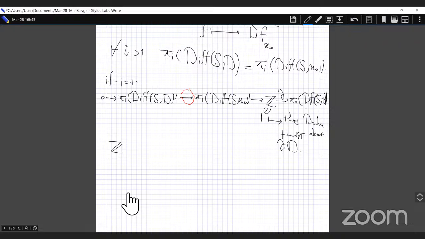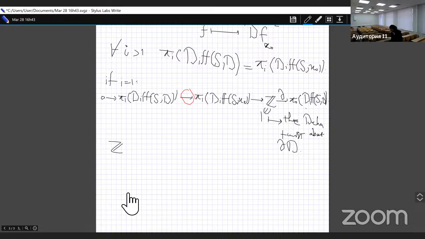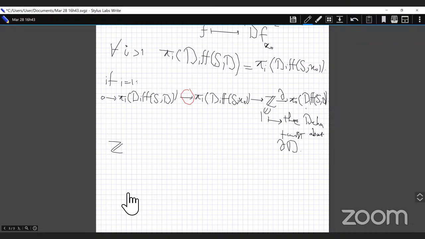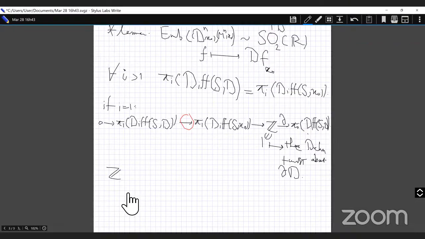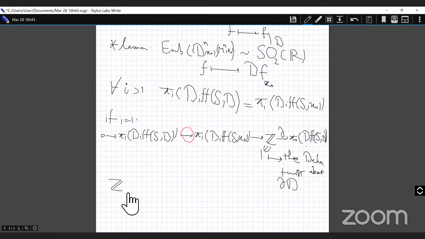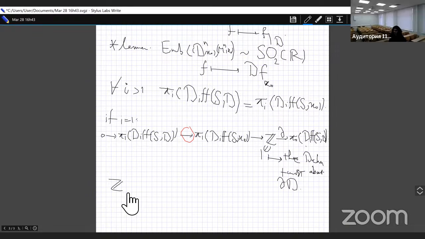No, but in the statement of the lemma, also, our diffeomorphism groups, are they just diffeomorphism groups or oriented diffeomorphism groups? Well, so far I think it's just diffeomorphisms, but where we want the path, we want the components of the identity, in which case we can take one or the other.